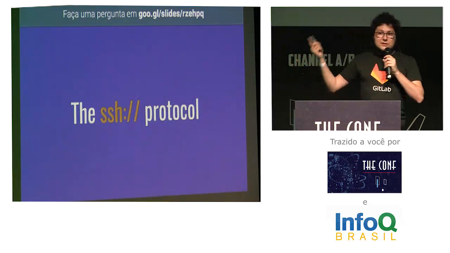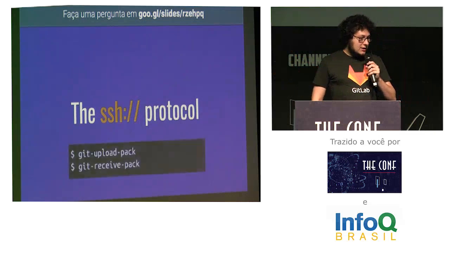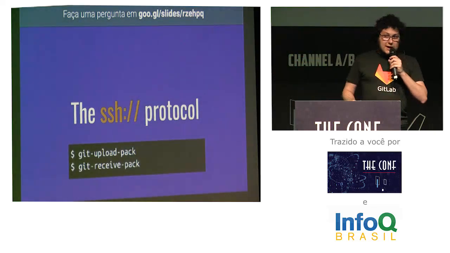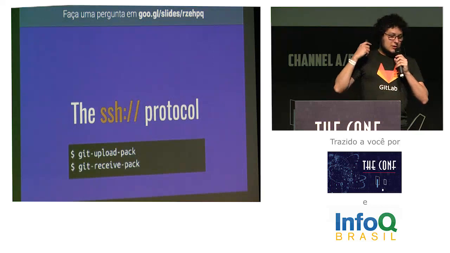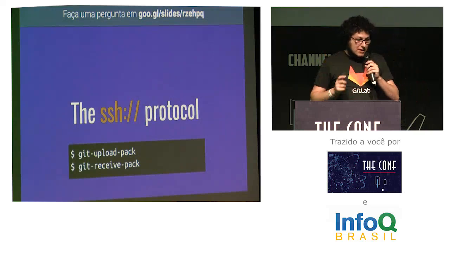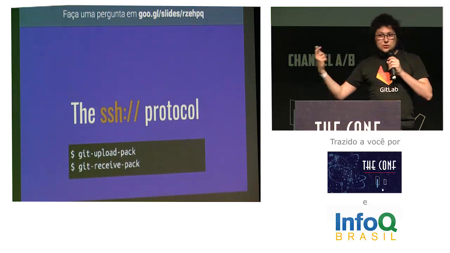One of those 76 that you saw earlier. These are the two ones that it uses. The upload pack is when you're pushing, and the receive pack is when you're pulling, or it's the other way around. I just don't remember exactly. I think it's the other way around. When you're pushing, it uses the receive, and when you're pulling, it uses the upload.